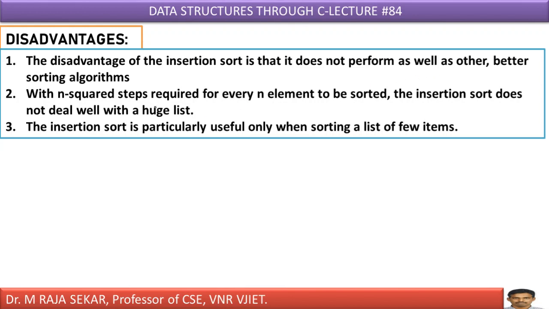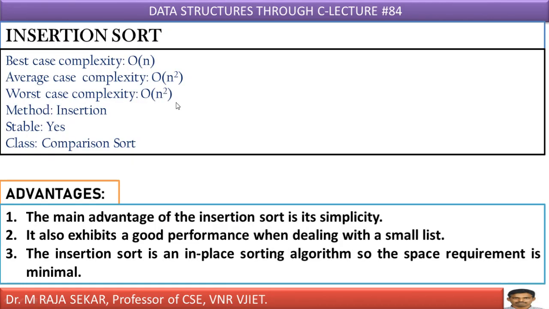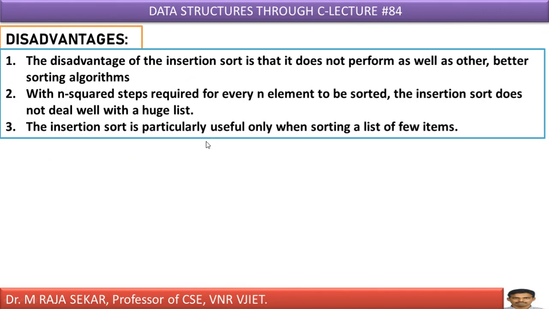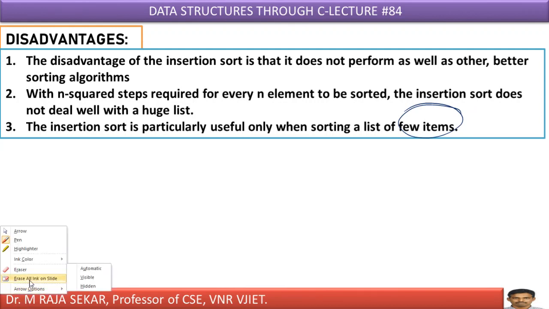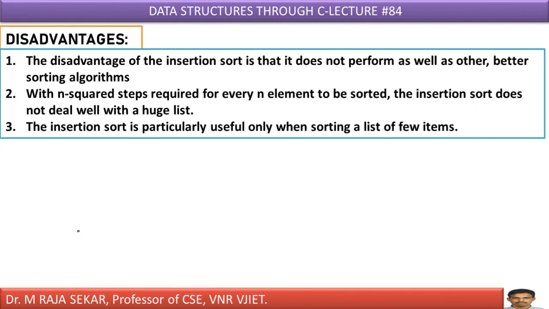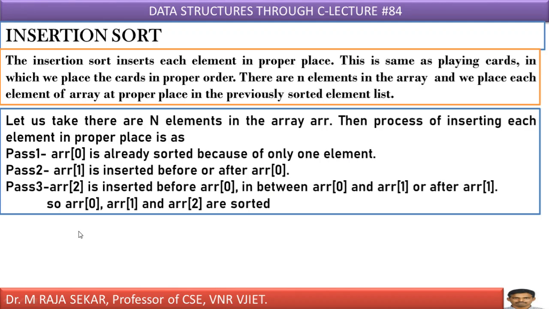It has big O of n square complexity in the average case and in the worst case, which means it's a little bit expensive. This insertion sort is useful only for a small set of elements, for lists having few items or few numbers.